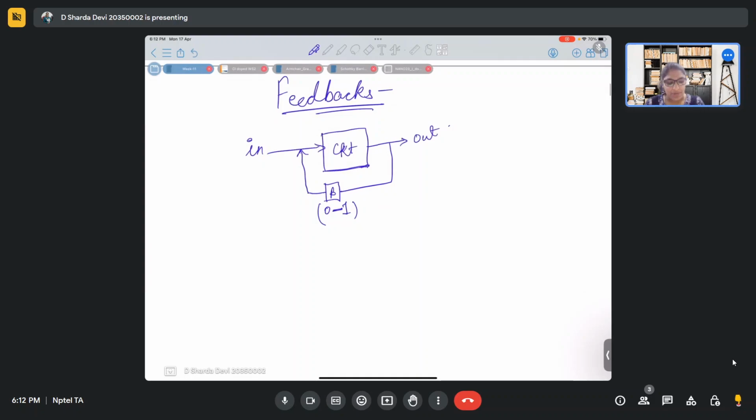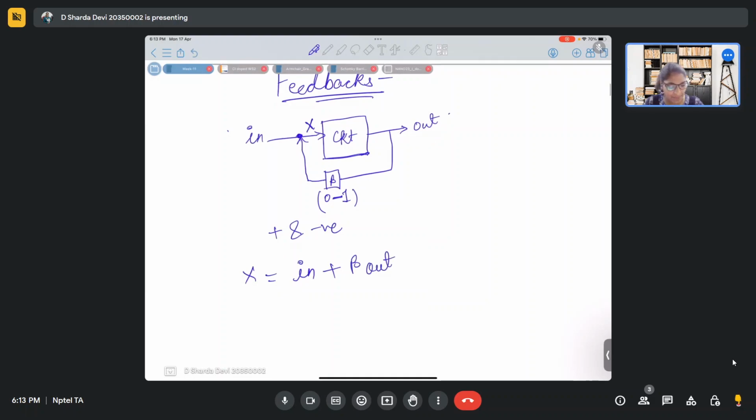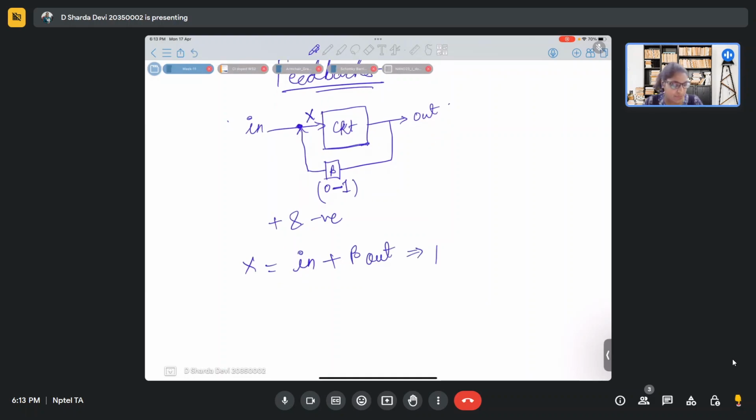Now when we talk about feedbacks, there are two types of feedbacks. One is positive and the other is negative. So what do we mean by positive feedback and negative feedback? Let's see at this particular point x, if we are getting input plus beta times out, then this refers to positive feedback.